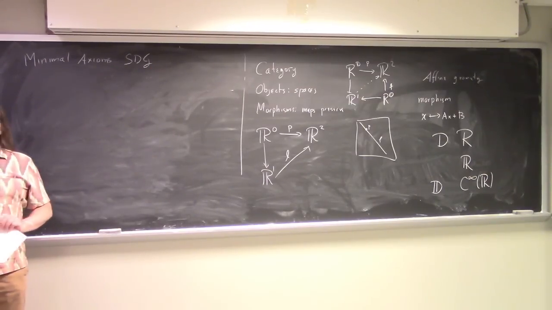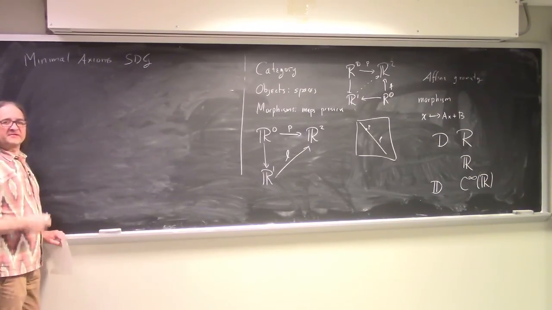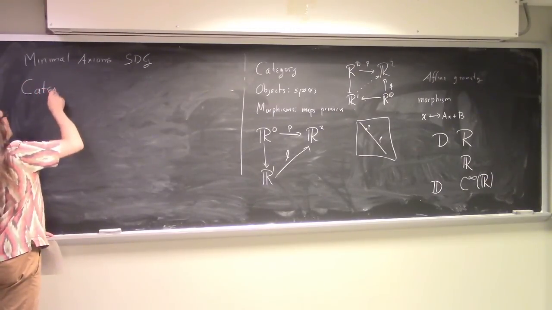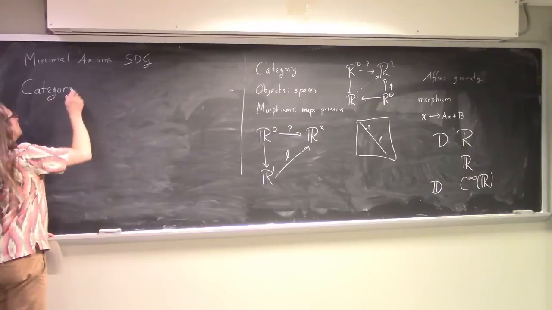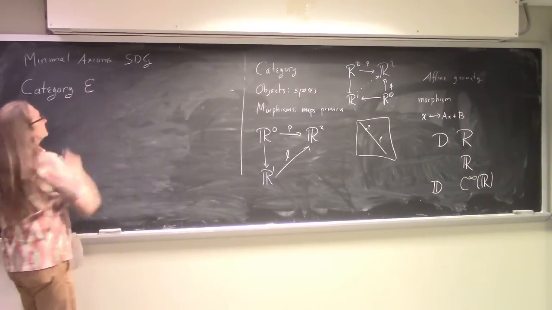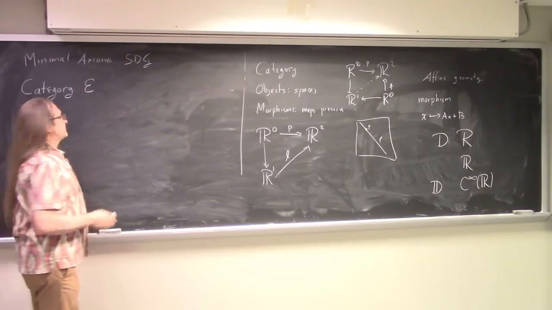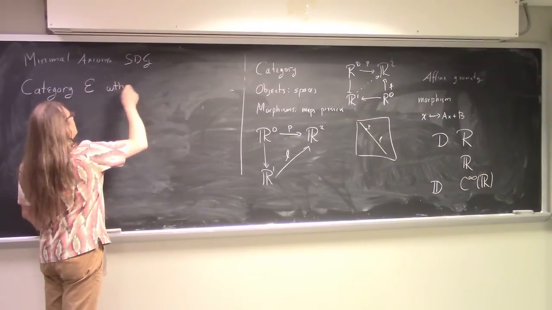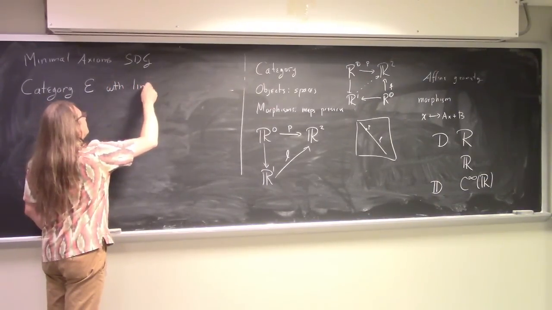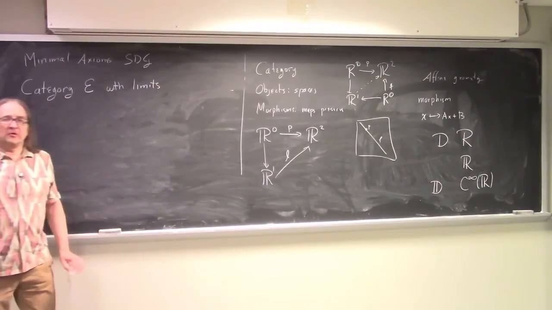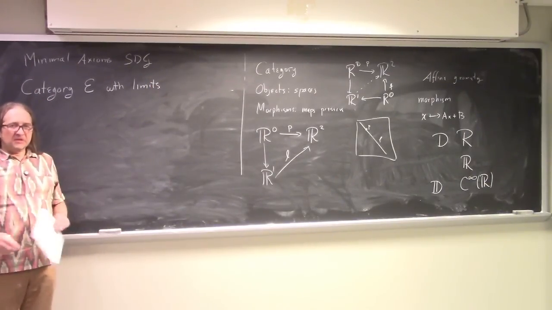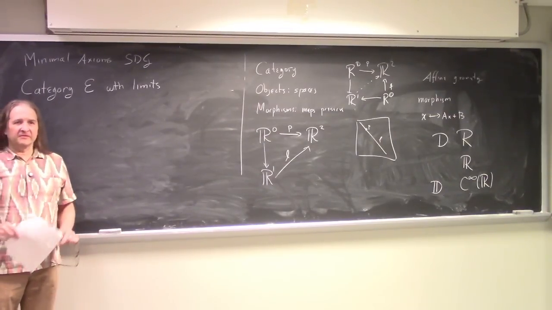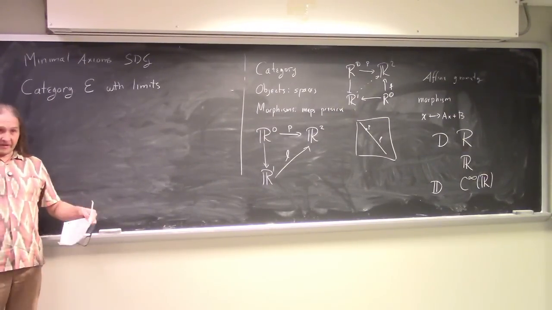well, I have a category, and now I get to Noson's comment. I'll use the letter E since they like it, and I'm just going to say that this category has all limits in it, all right? And now I'm going to start using those limits. One kind of limit, of course, is a product.